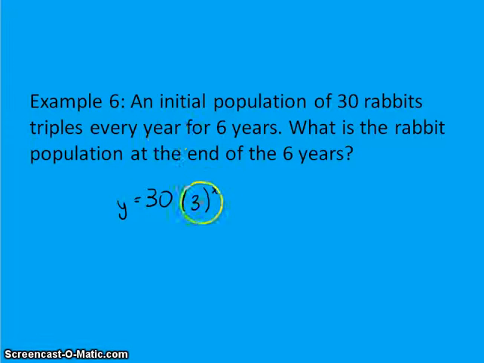So we want to calculate when this is 6, what do we get? So 3 to the 6th is 729 times 30, 21,870. So if the rabbit population triples every year, you start with 30 rabbits, there would be 21,870 rabbits after 6 years.